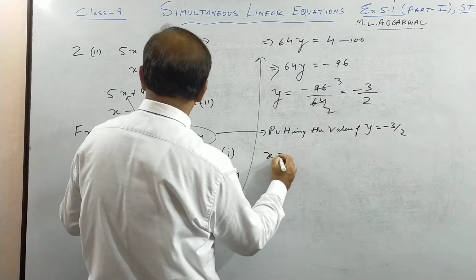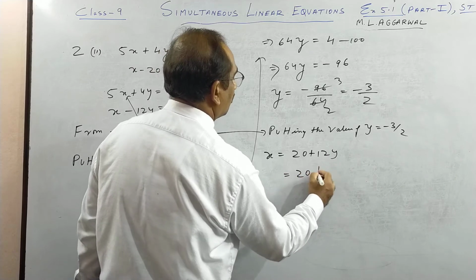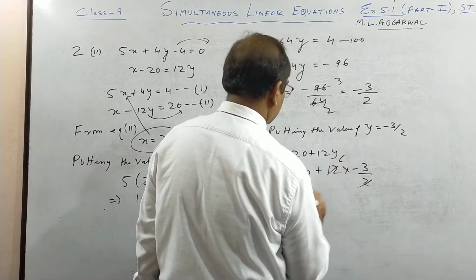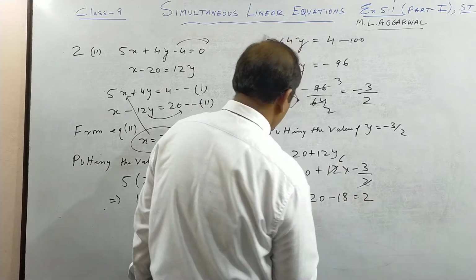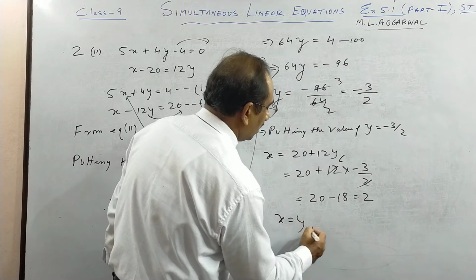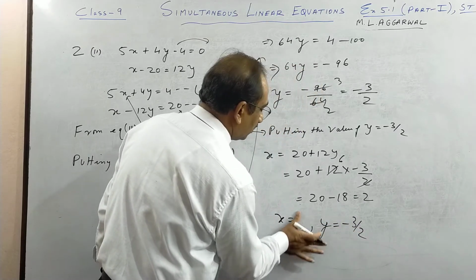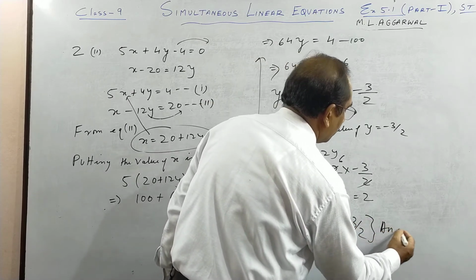So x is equal to 20 plus 12y. So 20 plus 12 into minus 3 by 2, that is minus 18. So 20 minus 18, 2. So my x is 2 and y is minus 3 by 2. So x is 2 and y is minus 3 by 2.